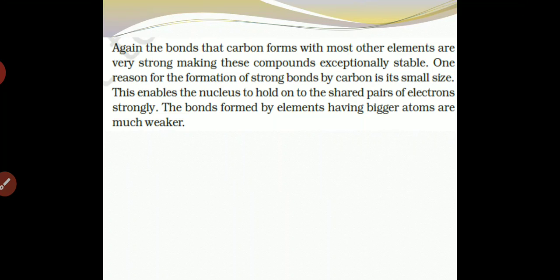Now again, the bonds that carbon forms with most other elements are very strong, making these compounds exceptionally stable. Here you can see that carbon forms bonds with different elements, and they have different structural formulas. One reason for the formation of strong bonds by carbon is its small size.